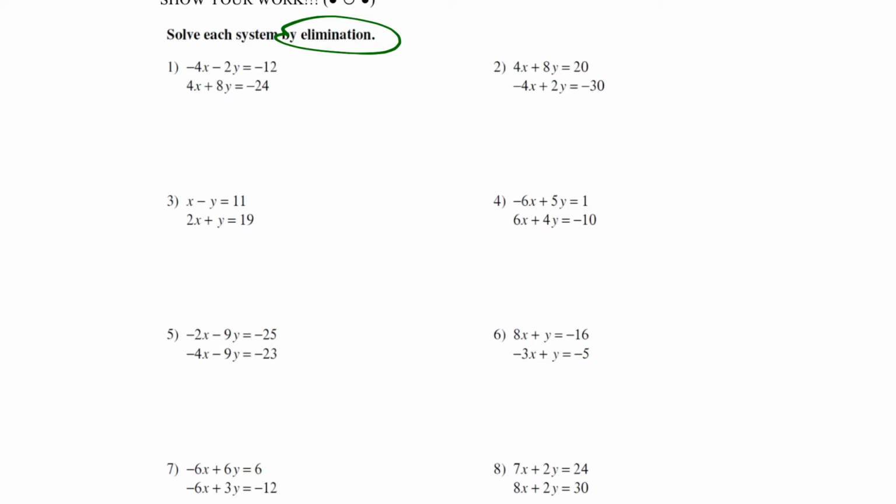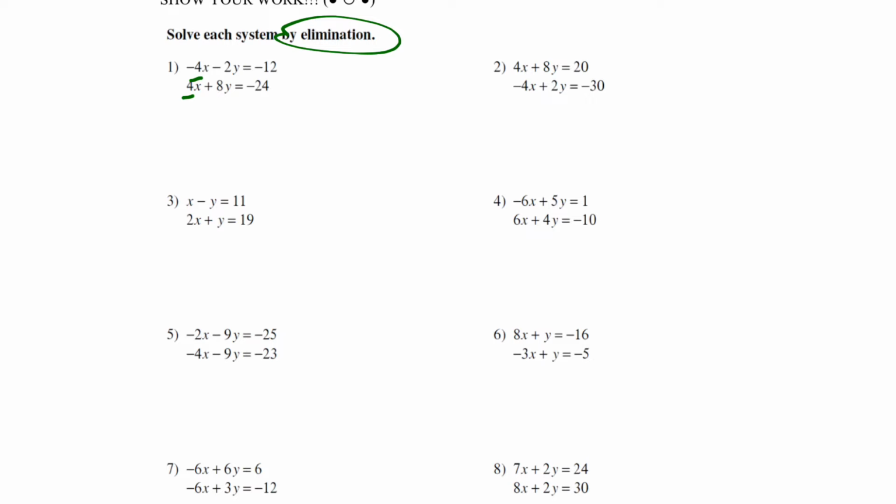Alright. So first things first, when we're doing elimination for the problems that we are facing right now, we are looking to see which variable, x or y, is going to be most easily eliminated because it has the same coefficient. So for number 1, x has 4, -4, and +4 as a coefficient.